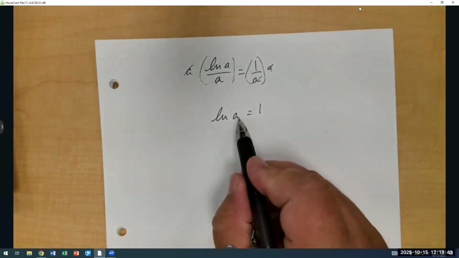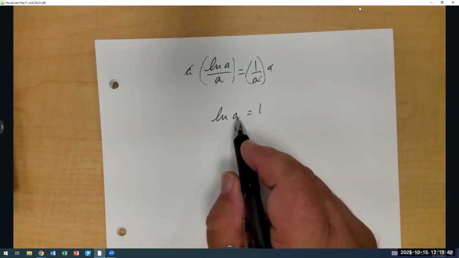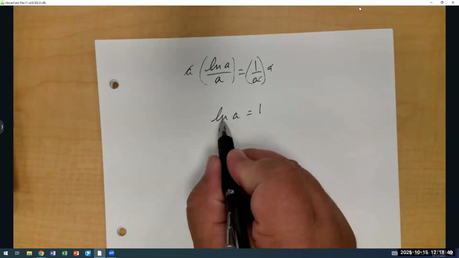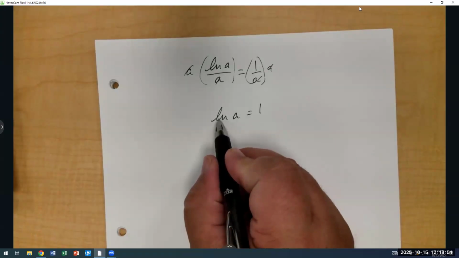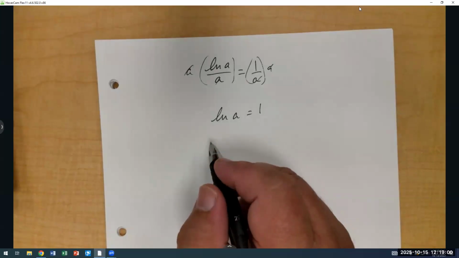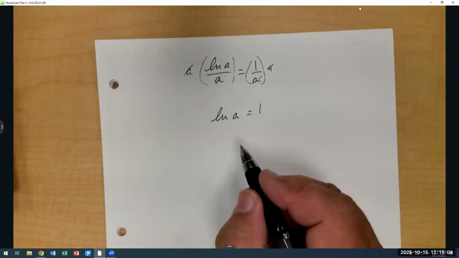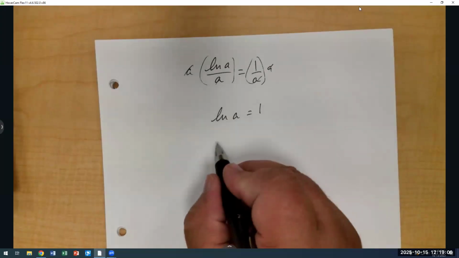So what is the value for a? How do we find the value for a? Well, how do we get rid of ln? What's the inverse of ln? The inverse is e. So we take e to both sides.